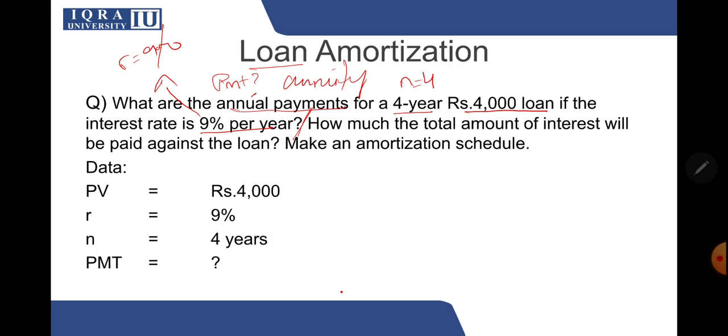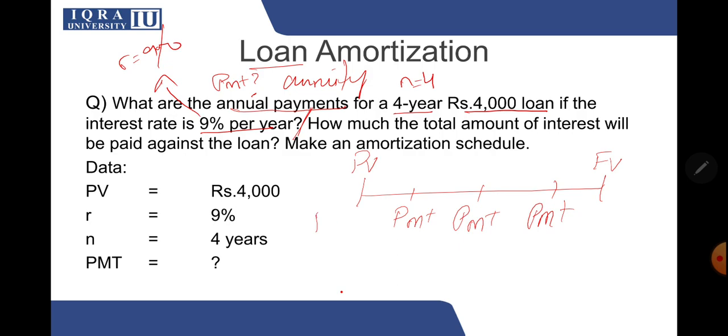Now how did we come to the conclusion that the loan amount is a present value? Because you always take out a loan and then you pay the loan. So if you look at your timeline, I told you before, present value, future value, and we have PMTs in the middle.